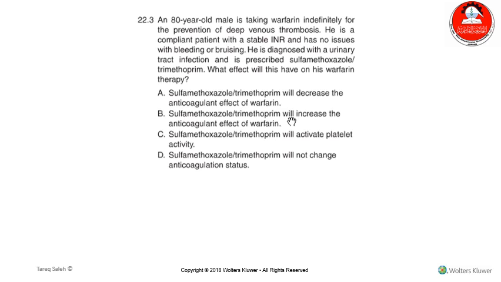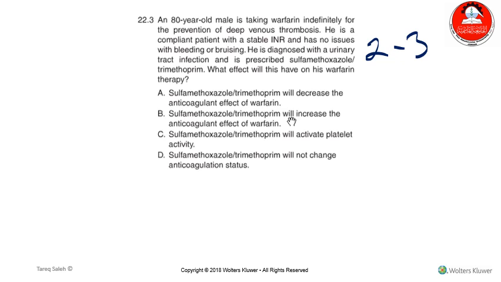And we said that the therapeutic goal when warfarin is given is an INR of 2 to 3. But recently, this patient was diagnosed with a urinary tract infection and was prescribed sulfamethoxazole trimethoprim, which is a sulfa drug. So, which effect will happen due to this combinational therapy?